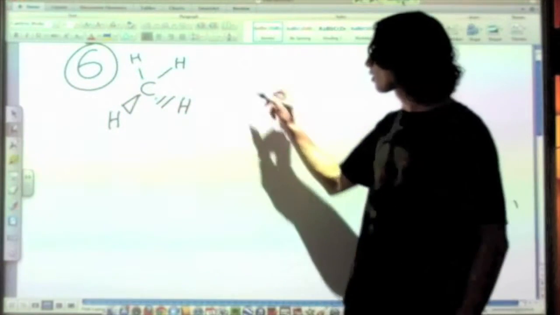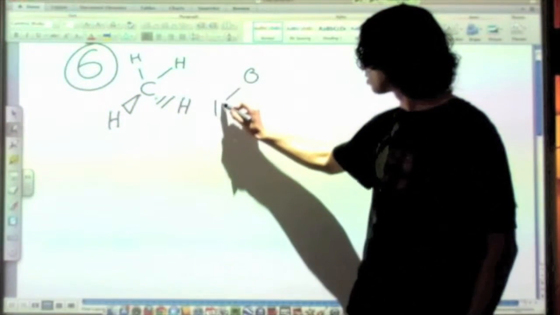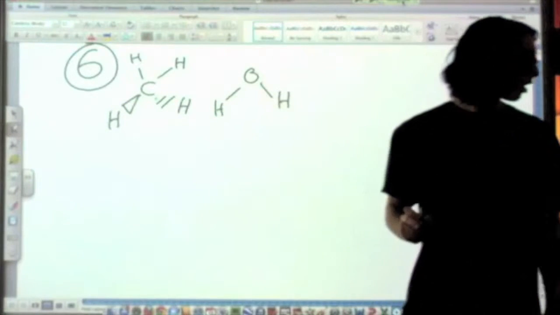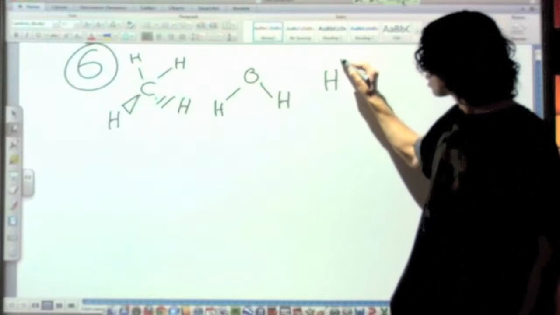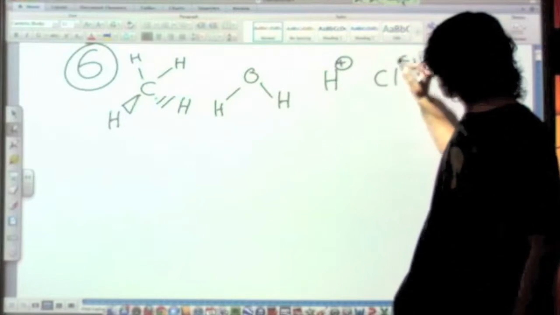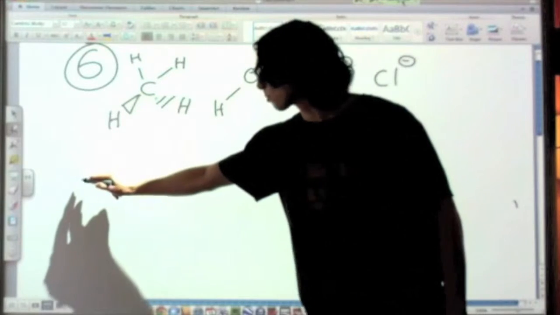Second one is water. HCl. NaCl, or sodium chloride.